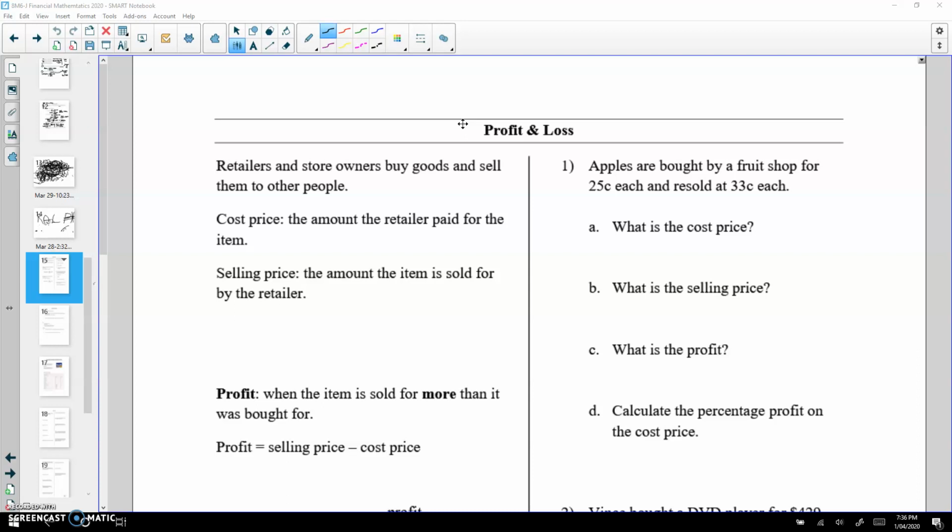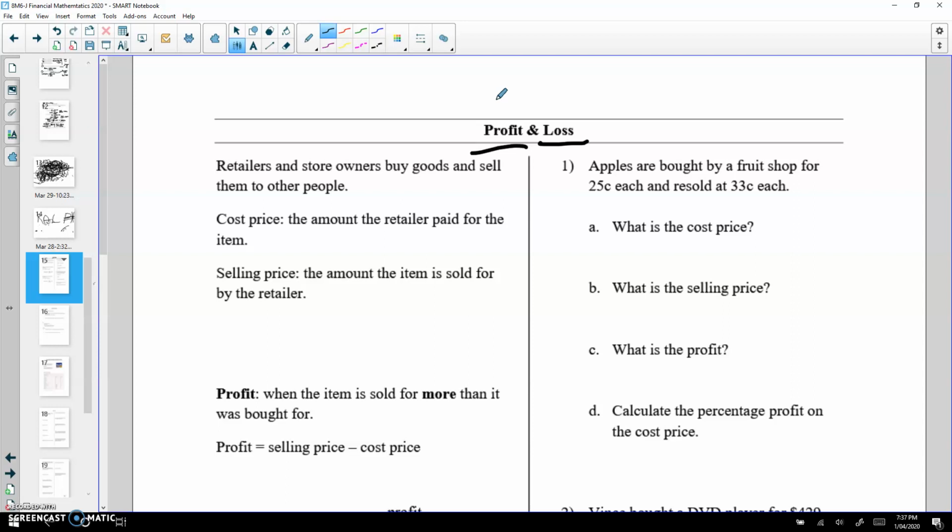And then there's also going to be money that you're going to get, income from when you sell the items. And in that process of buying something and selling it, you either have a profit or a loss. That's, did you make money or did you lose money?